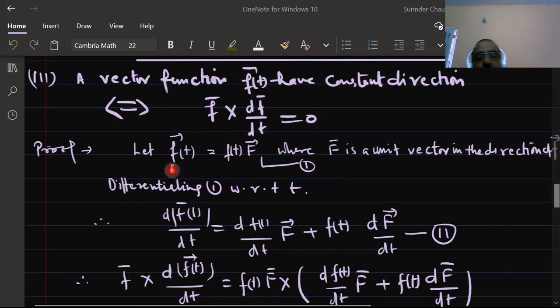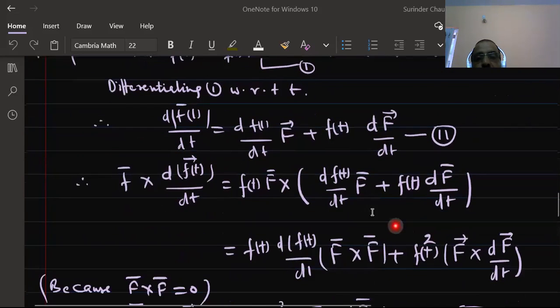Now differentiating this vector with respect to time, df/dt is equal to the product: first function times the derivative of the second, plus the derivative of the first times the second function.